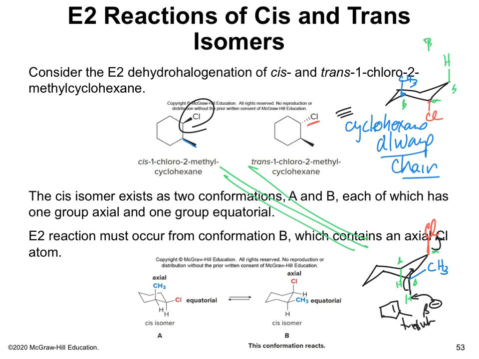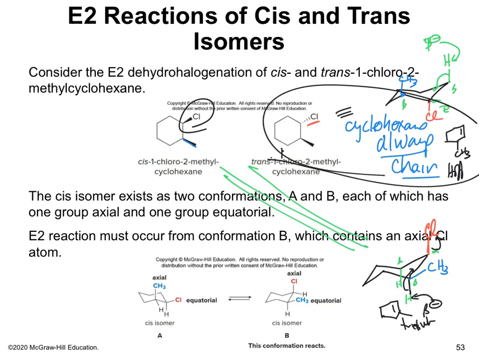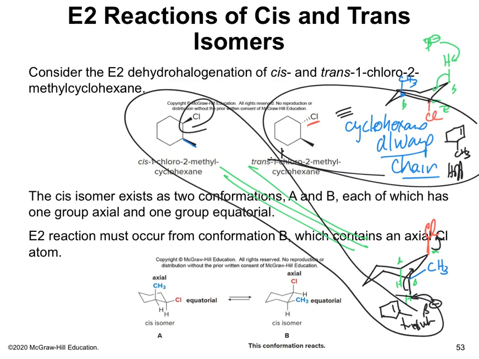So your base will take this beta hydrogen, and now this product would be, there's your double bond here, so that would be the least substituted. So this would be a Hoffman. So this is going to give you this product, whereas this one's going to give you this product.